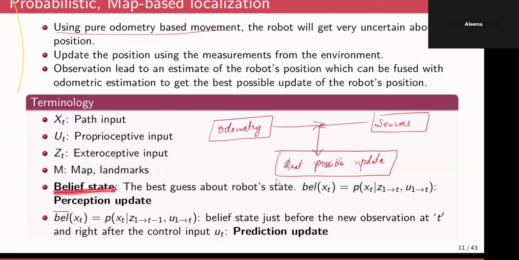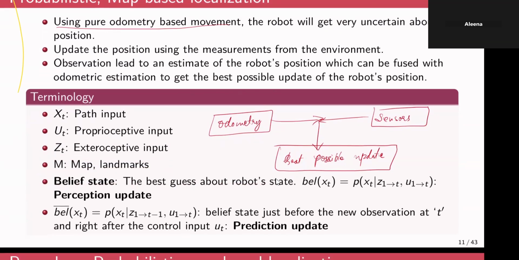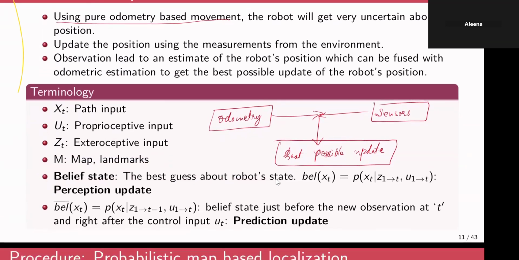And there's something called the belief state of the robot. The belief state is nothing but the best guess of the robot's state. It is defined by Bayes rule. So the belief state of xt, the probability that the robot position is at xt, is given by the probability of xt given all the sensor readings up to time t and all the previous control inputs.